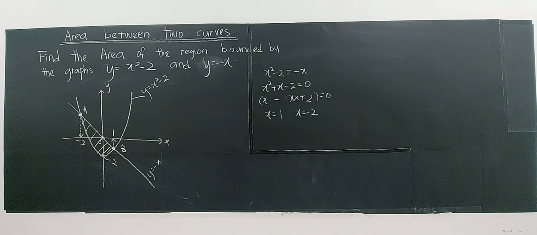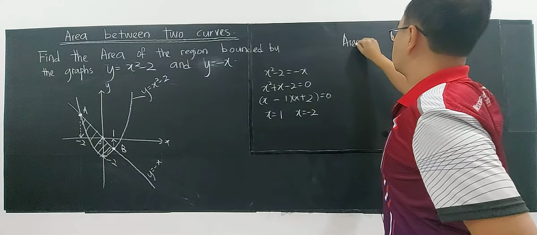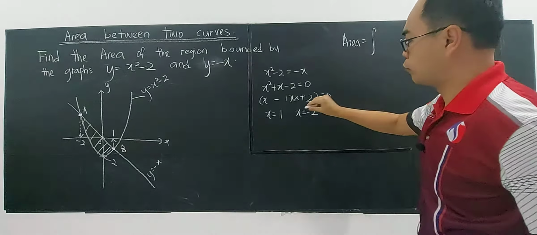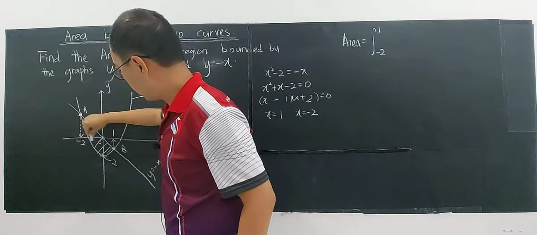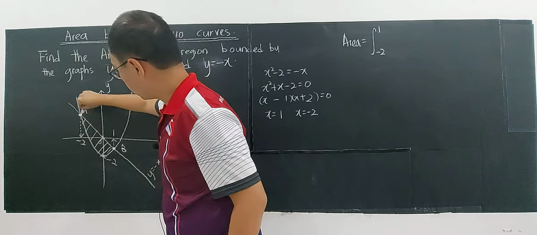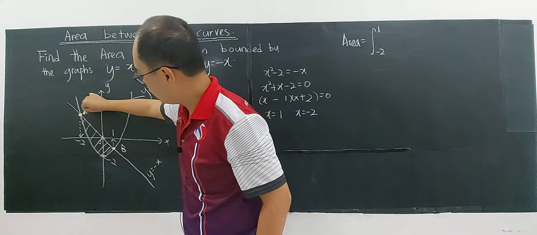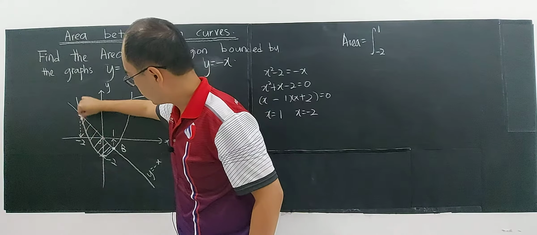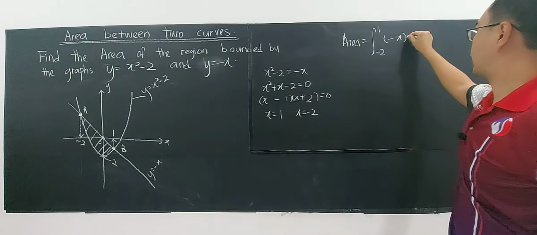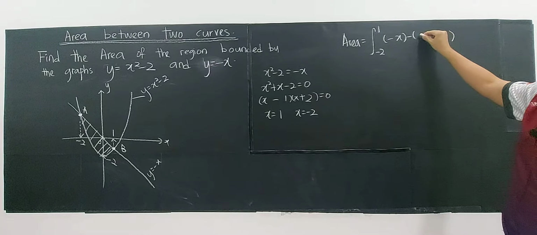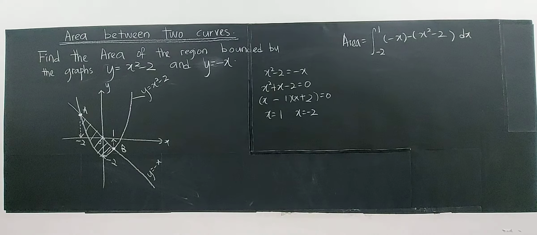So now I'm going to find the area of this region by applying the concept of area. It's from negative 2 up to 1 where the region is enclosed. In this region, the line is higher compared to the quadratic curve. So the line, which is negative x, take away the curve x squared minus 2, dx, right?